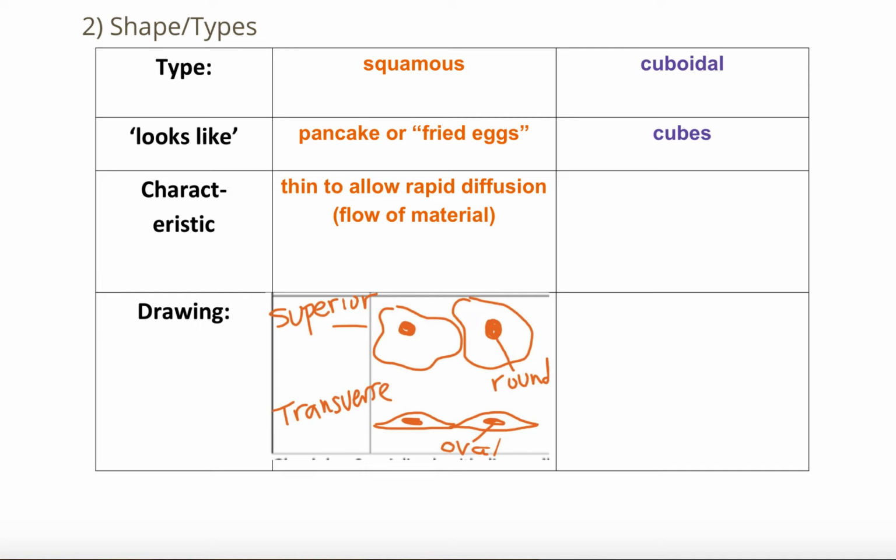So this is a drawing of a simple squamous layer. Stratified squamous is actually a really weird shape, and that's why you really need to go over the video of histology of epithelial tissues, so you can get familiar with what stratified squamous actually looks like. But again, remember squashed, and hopefully that'll help you remember what squamous is.